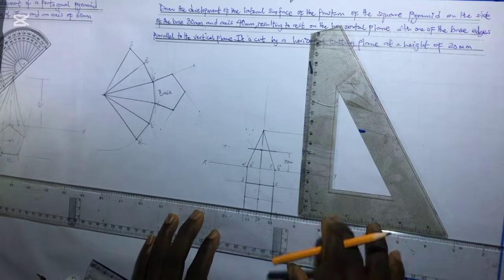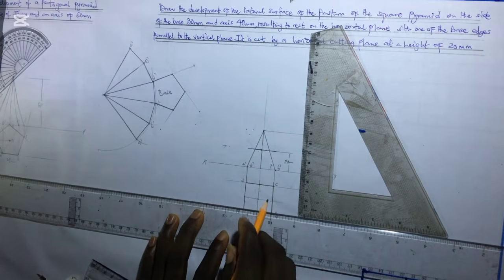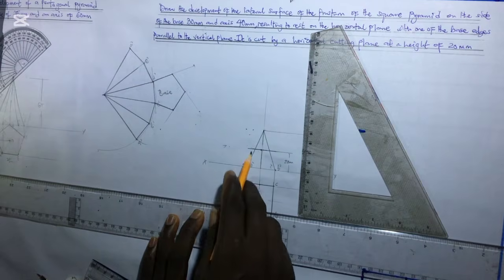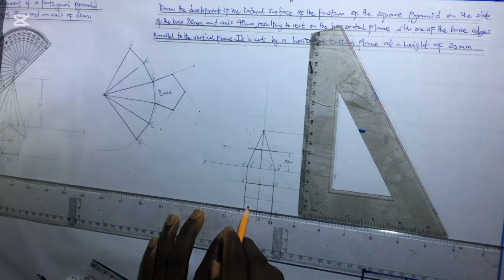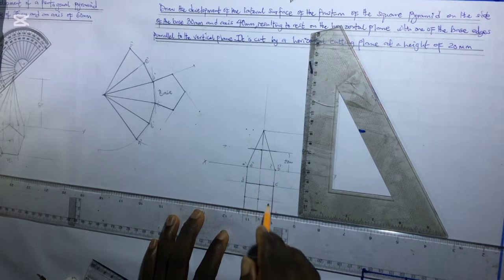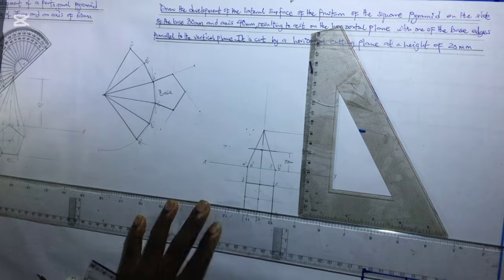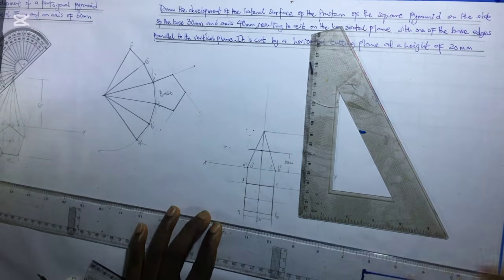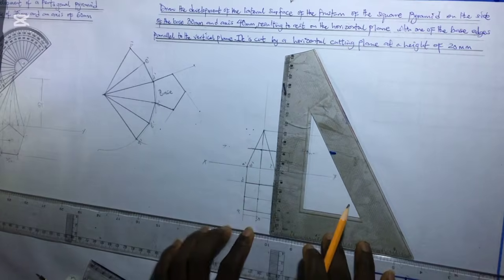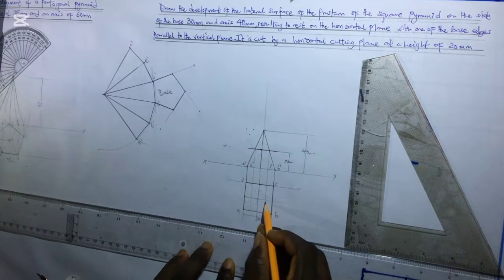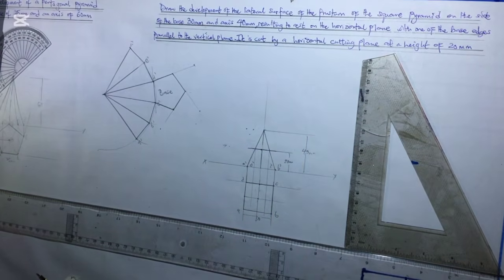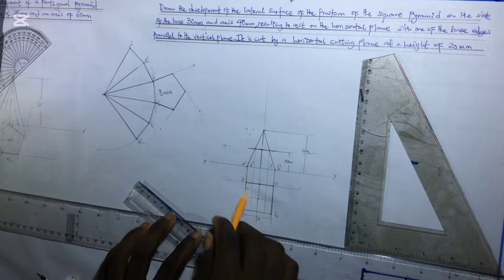Now from that point we project it downwards. From this point here we project it downwards to this place. Also we project it downward here, so that we can get the projection for the top view. Projecting downwards here, you see that it's touching this. We actually need to make a cross section here.